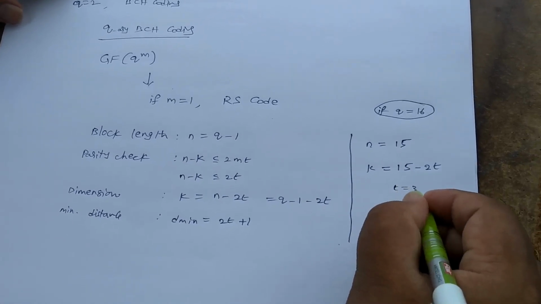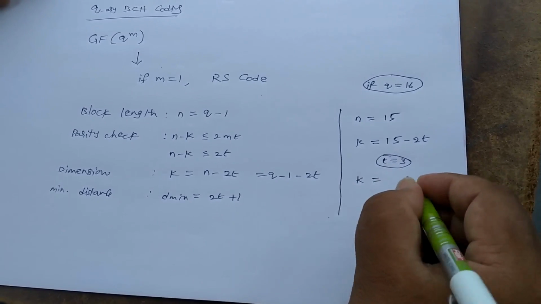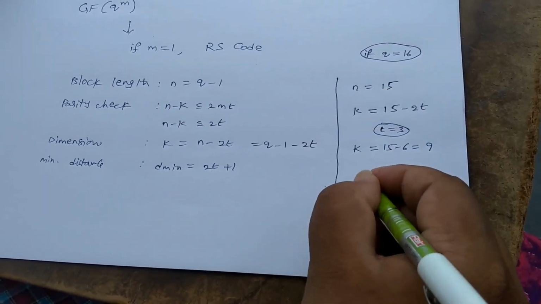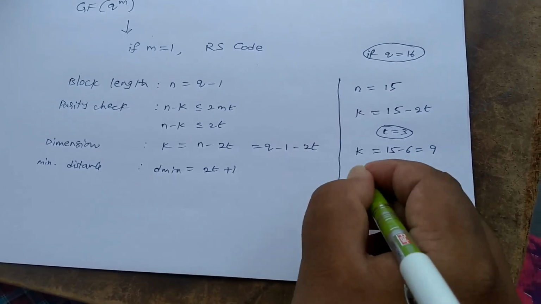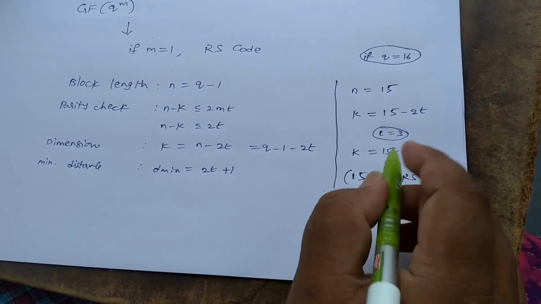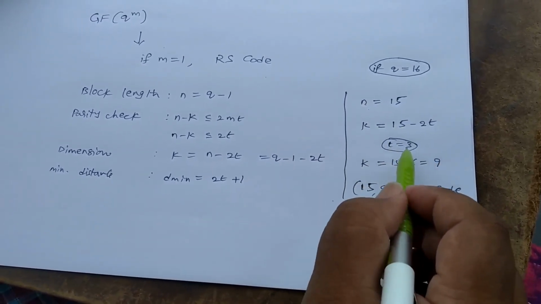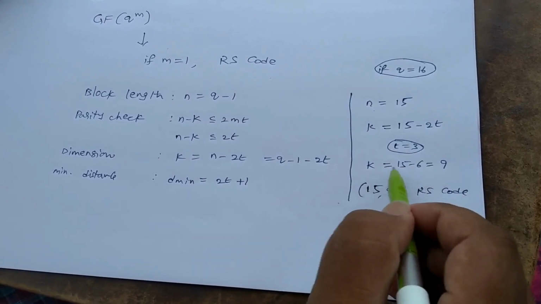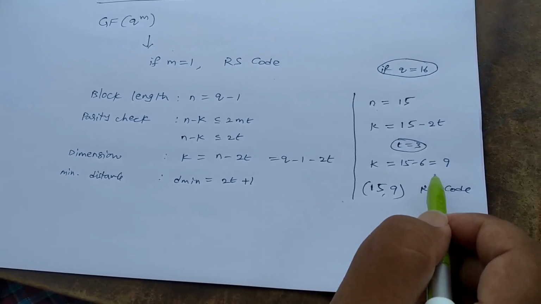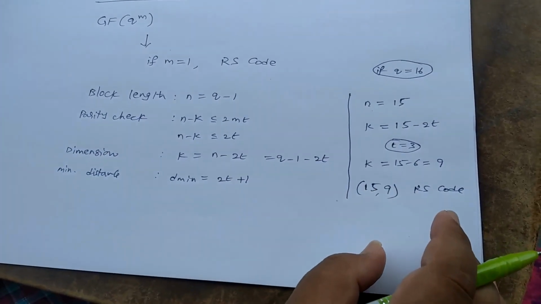If t is equal to 3, that means triple error correcting, then k is equal to 15 minus 6, that is 9. So in this case it is a 15 comma 9 RS code for triple error correcting. The number of message bits is 9, 15 comma 9 RS code. It is the notation for RS coding.